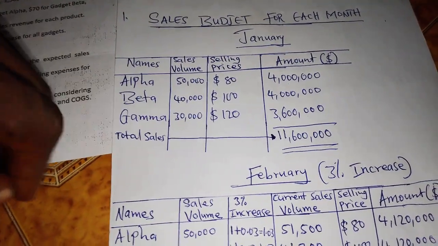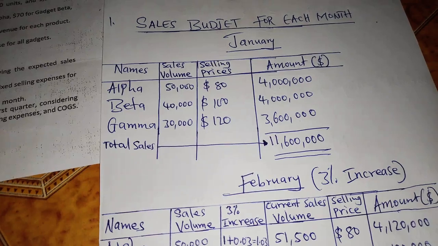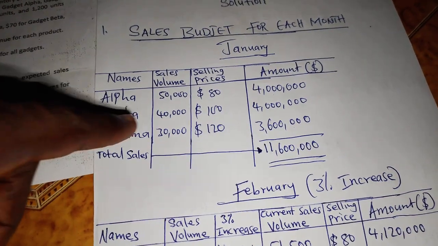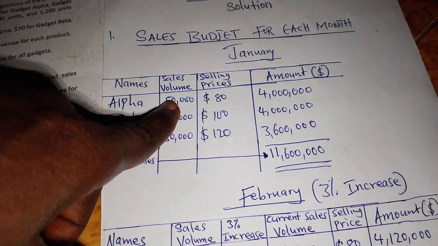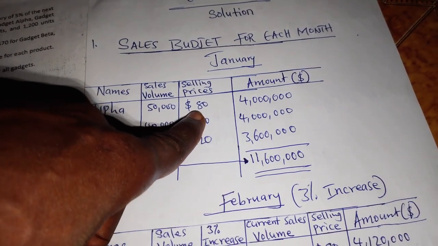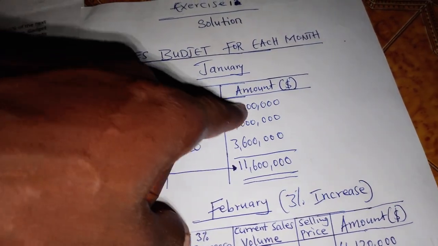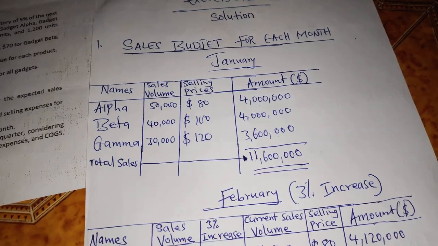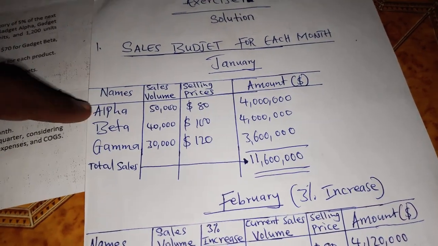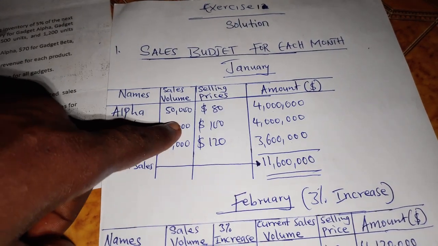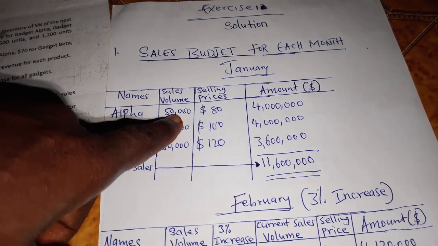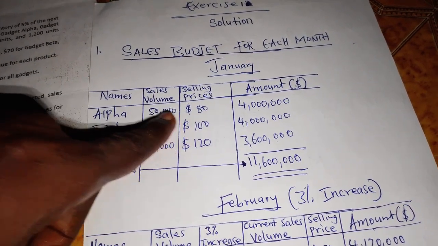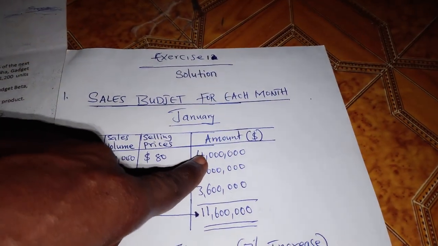Then, to determine the expected sales for each product, we multiply the sales volume by the selling price, which gives us the sales revenue for each product. Looking at Alpha, 50,000 units of volume at $80, when we multiply it, gives us $4 million.